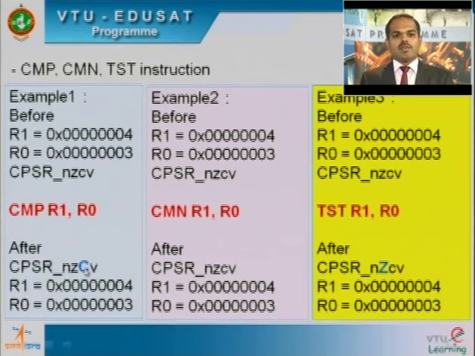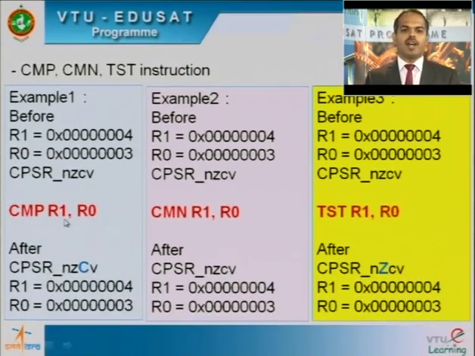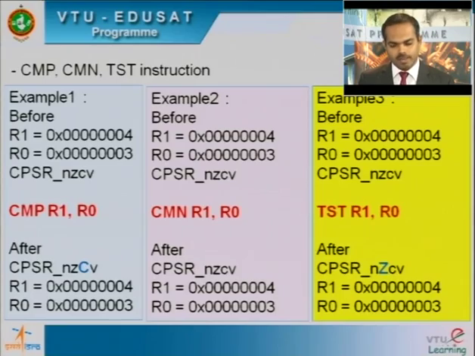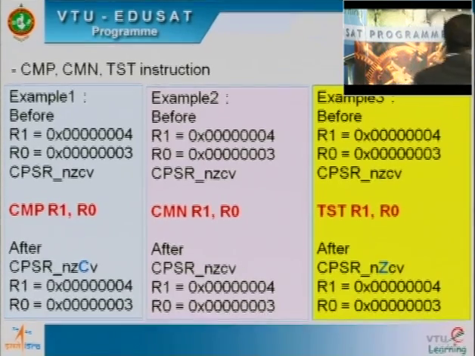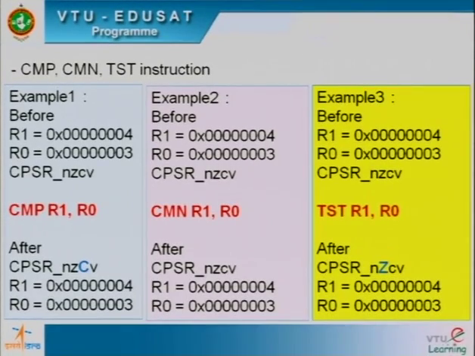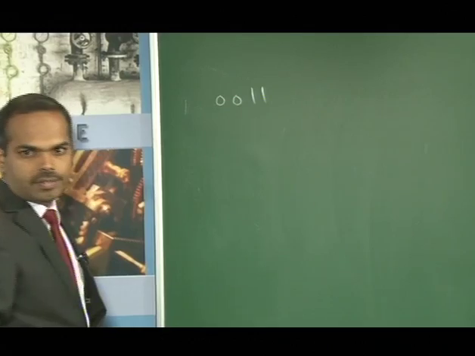How? What exactly happens is R1, that is 4, minus R0, that is 3, is done in ARM processors by taking the 2's complement of 3. I will just use the board for this again. 0011 is 3.